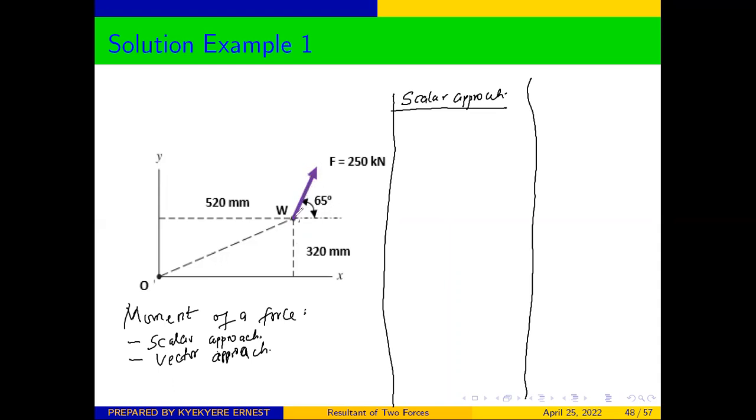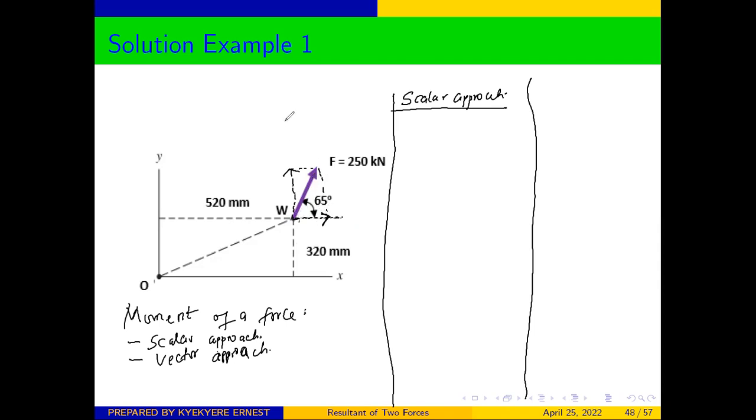Anytime you have a force like that, what you need to do is to resolve the force into components. So here we can complete the diagram like this, and if we resolve into components, this one will be pointing up like this, and then the horizontal one will also be pointing this direction.